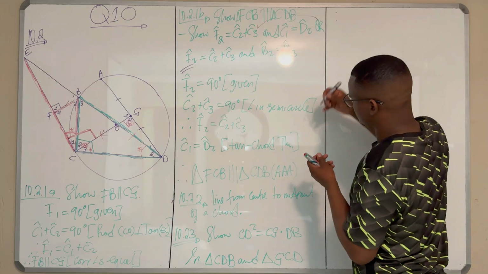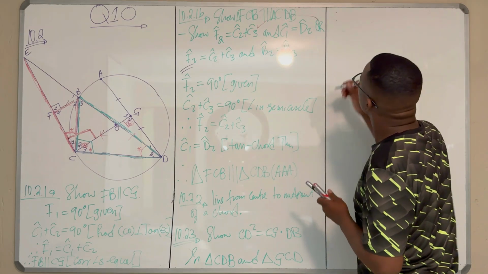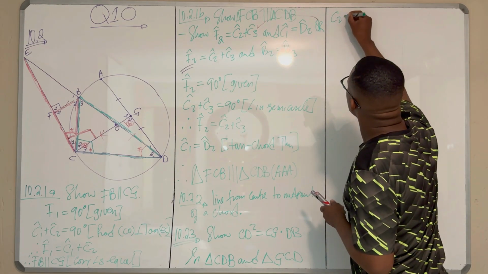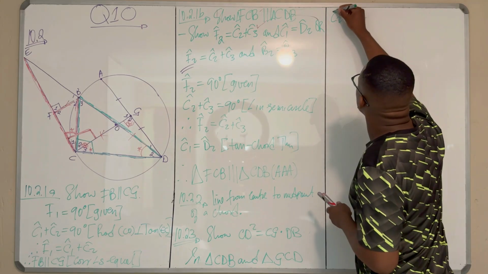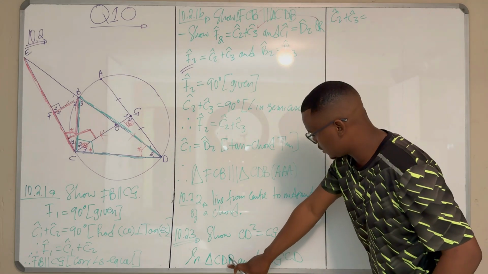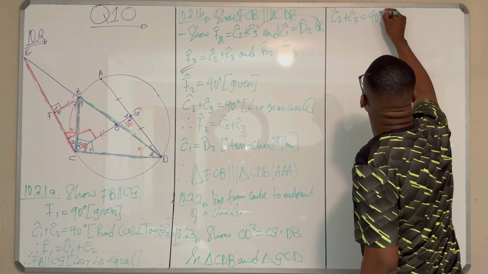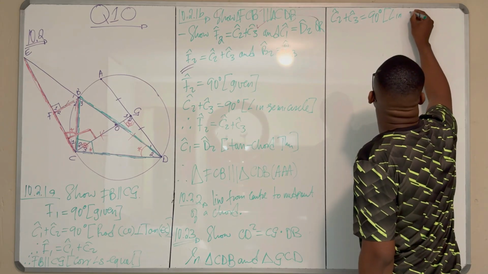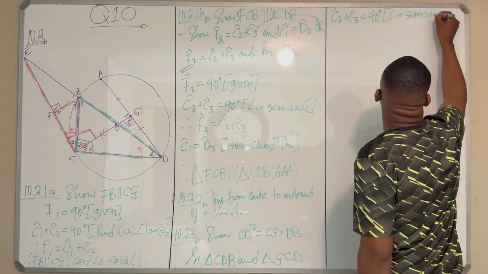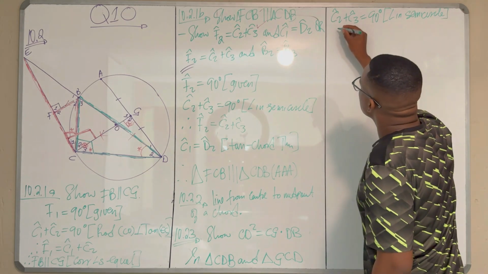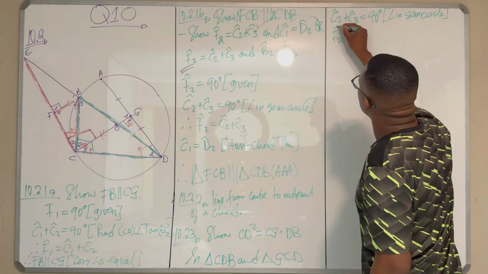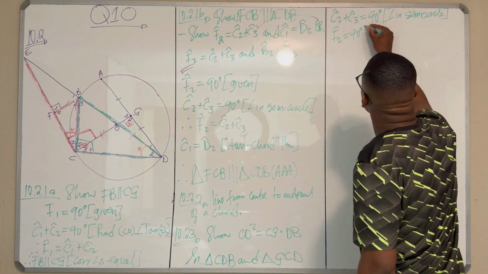Okay, I'll say in that case C2 plus C3, that is an angle that belongs to this triangle, is equal to 90 degrees. Why? Angle in a semicircle, which is an angle that is subtended by the diameter. And I'm going to say angle F2 is equal to 90 degrees. Why?